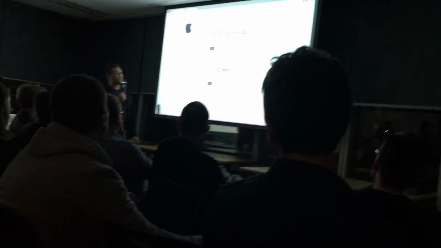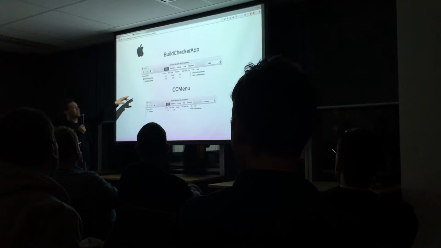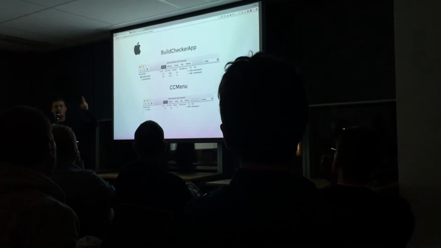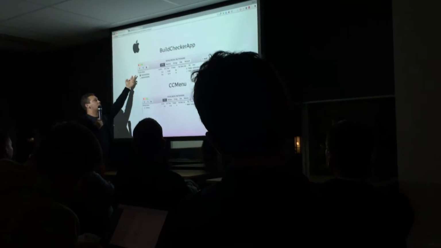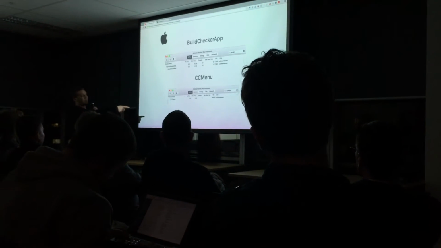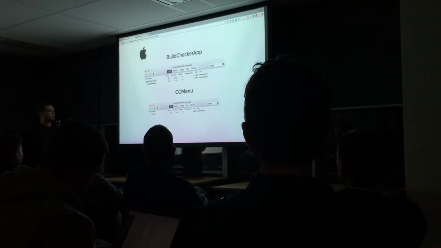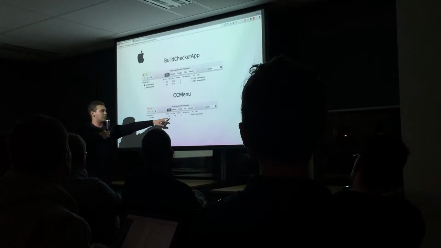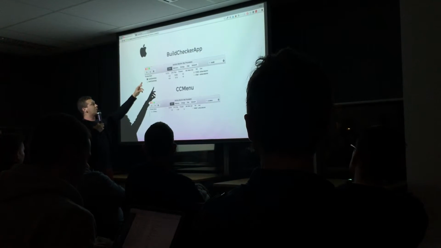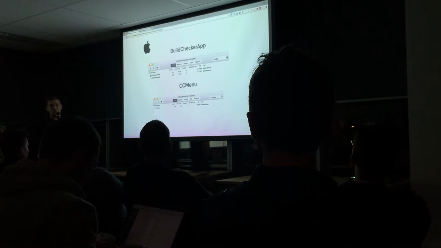One good point, if you think about choosing Electron, is that all the time you have two processes, the renderer and the main, so you need to think about it. The second one is CCMenu, which is native. CCMenu uses 1.6%, and these two processes on Electron use 0.2.